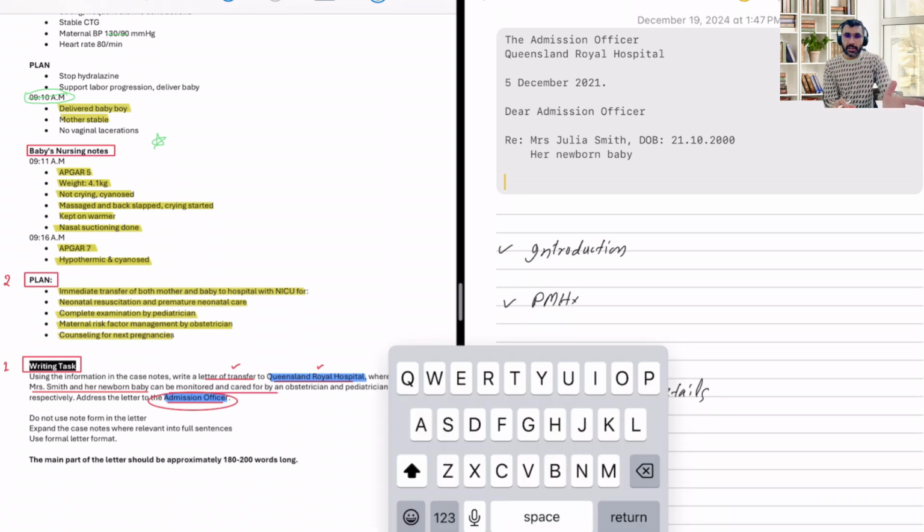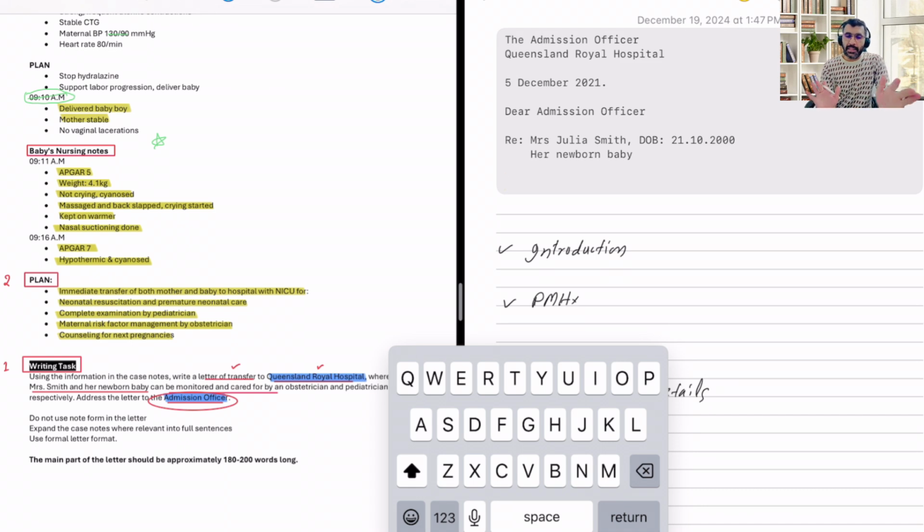So the introduction of a transfer letter is a little bit structured differently from referral, from discharge, from other letters. Okay. So here we can write, thank you for accepting Mrs. Julia Smith and her newborn baby into your care for further management, including ICU care. We will write the further details about our purpose in the conclusion.